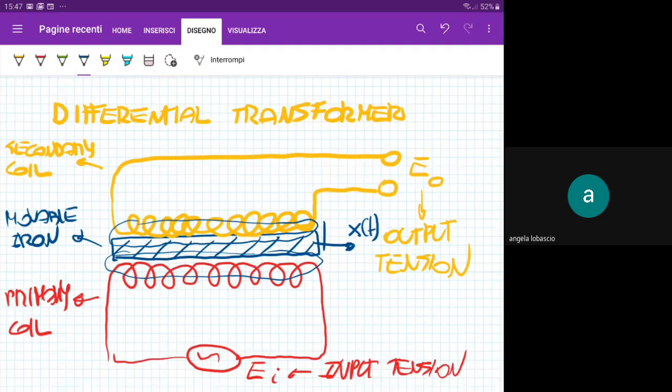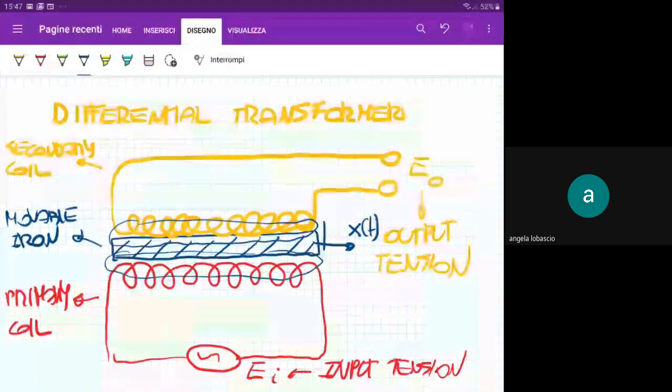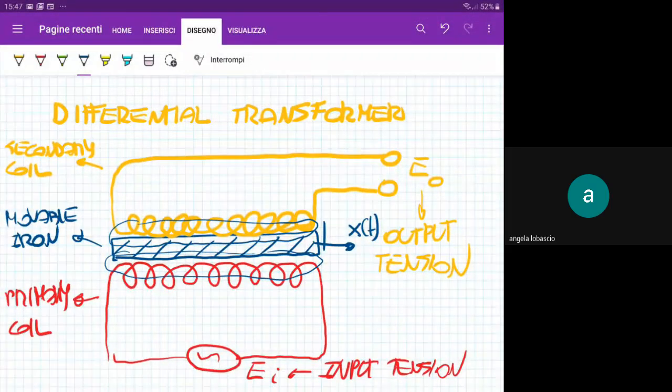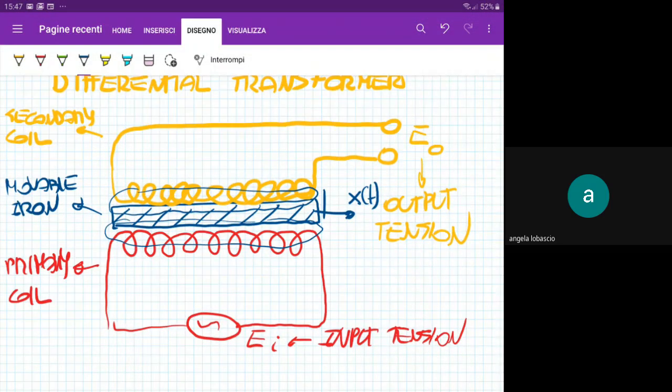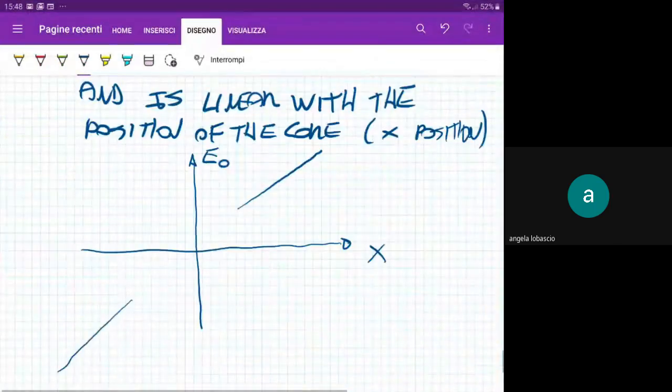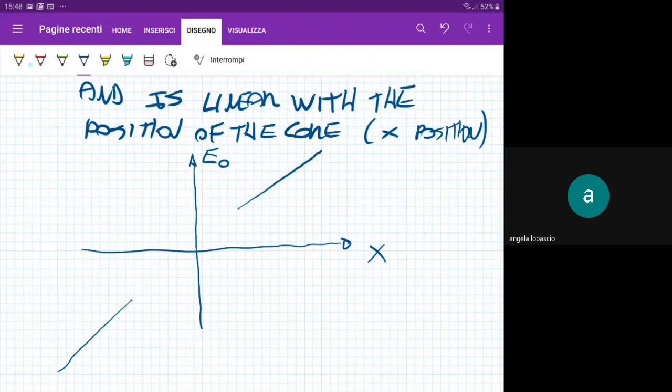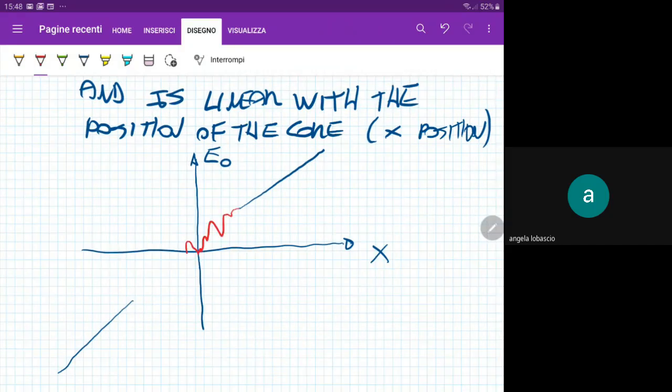But when the movable iron is practically outside of the windings, the windings are no more parallel to the axis of the core. So it is very different from this configuration, and thus the relation between the output tension and the position of the core is no more linear. This picture therefore has a very bad behavior around the zero position.